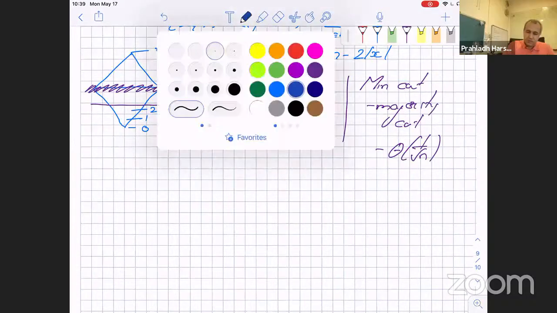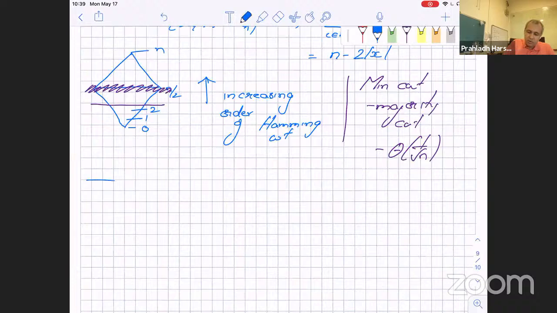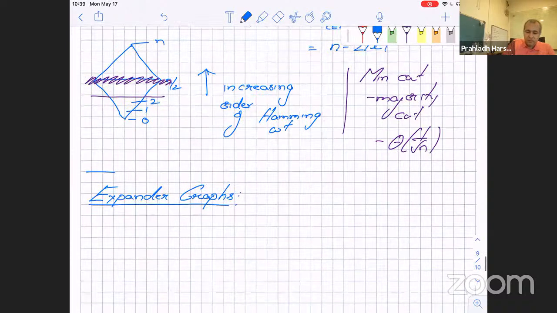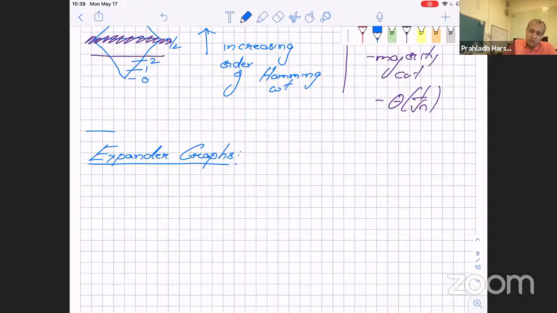So our next topic, we're going to briefly talk about what are called expander graphs. In general, I'll be working mostly with d-regular graphs. For the statements I prove, the random walk matrix is a very nice matrix in this setting.